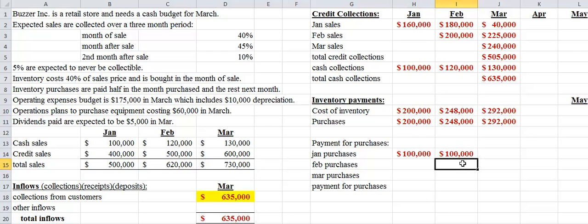February purchases, half in February and half in March. And March purchases, half in March and half in April. I'm not going to bother with April since I know I just need to sum up the payments that would be made in March.